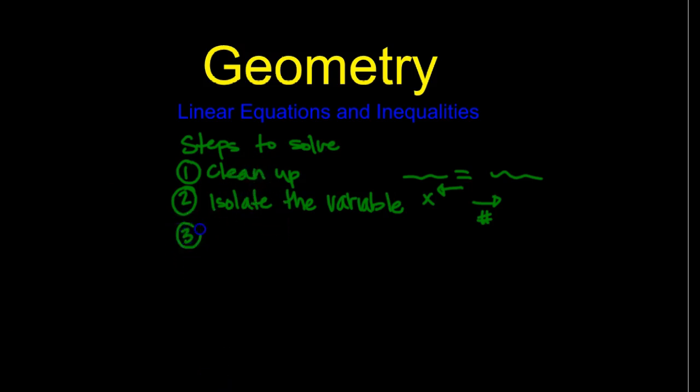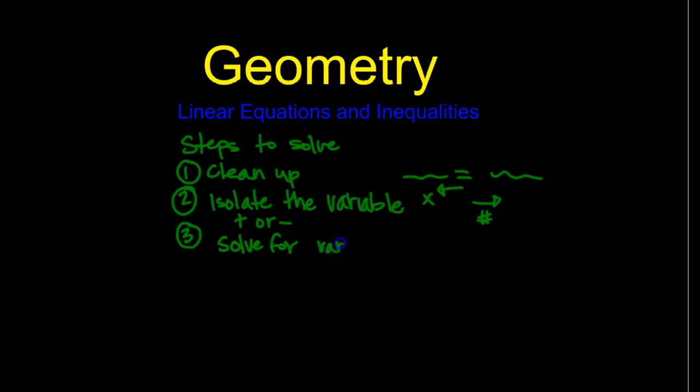All right, and by the way, isolating the variable means we will be adding or subtracting numbers to get them across that equal sign. So we'll do the opposite to get them across. We want to zero them out on one side and get them over to the other side. All right, number three, we want to solve for the variable.